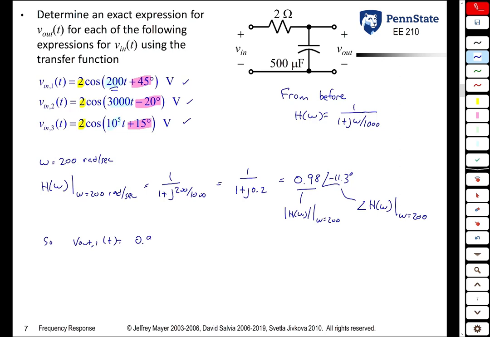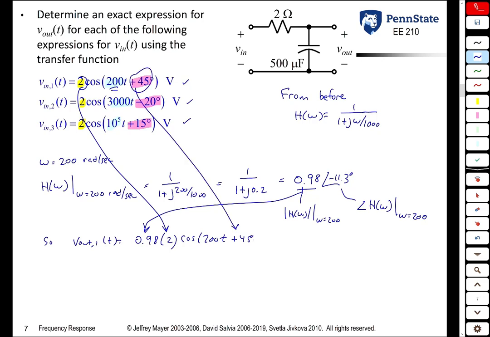It's going to be 0.98 times 2, the 2 comes from that, the 0.98 comes from that, times cosine of 200t plus 45 degrees, that comes from that, minus 11.3 degrees, or 1.96 cosine 200t plus 33.7 degrees volts.